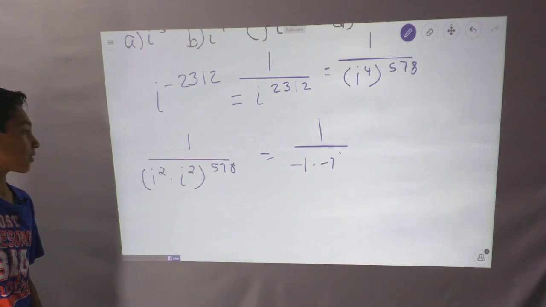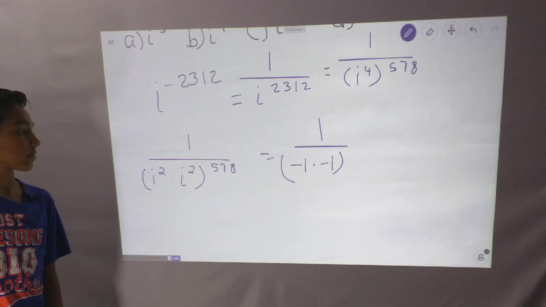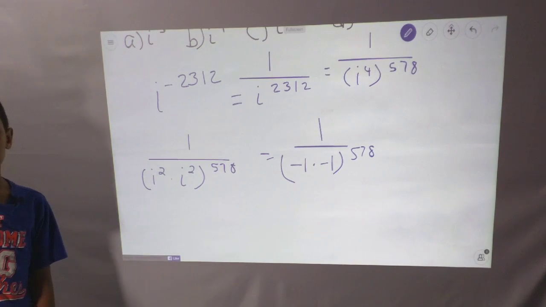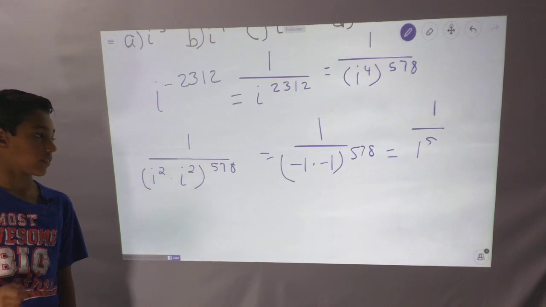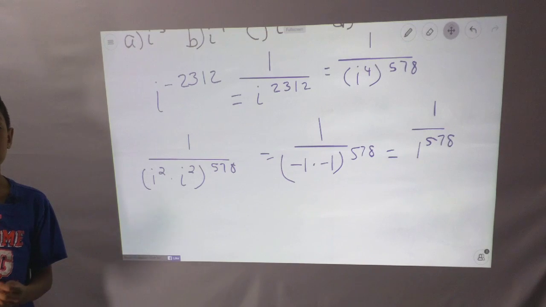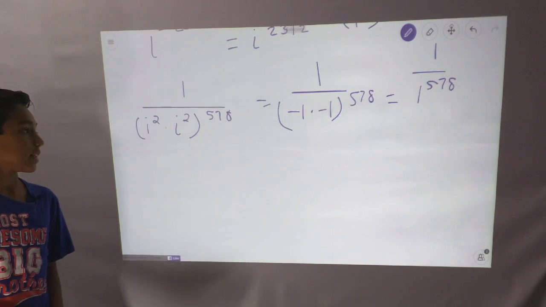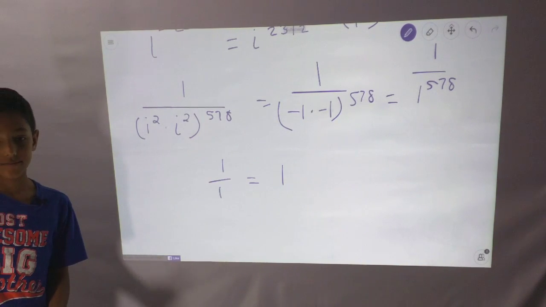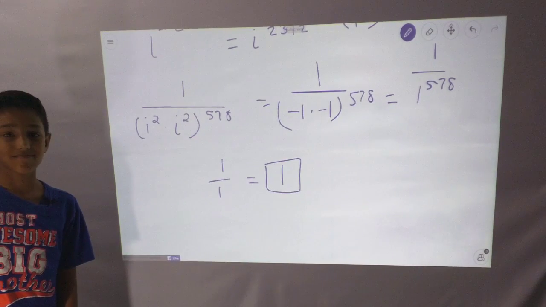So -1 times -1, to the power of 578, and -1 times -1 is 1. So 1 over 1 to the power of 578. If you multiply 1 578 times, you still get 1. So we get 1 over 1, which equals 1. It's a lot of 1s in this.